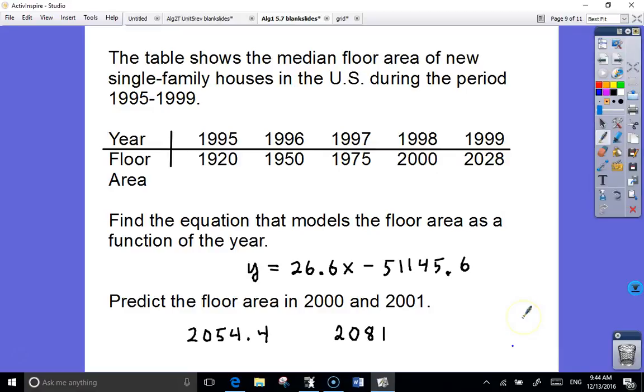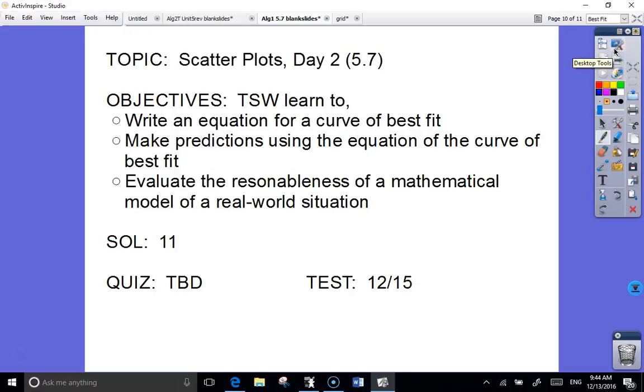Okay. So the things we got to know for sure, though, are how do you enter data? What are the steps to enter data? Stat edit, right? And where do you put the x's? Stat edit, L1.